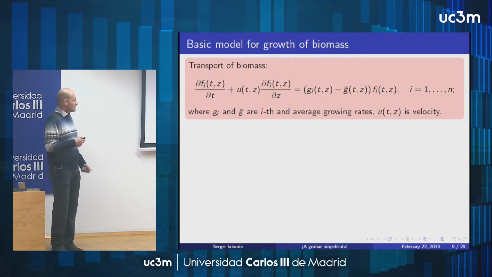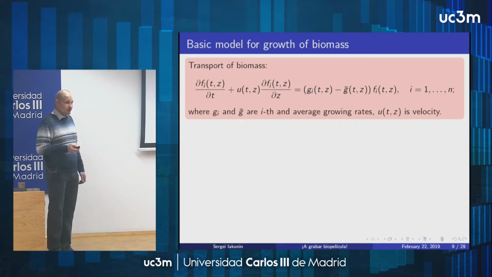Well, this model includes a few main equations, which are actually quite simple. First one is transport of biomass. We have that the production of volume fraction of bacteria is proportional to the present amount of these species.